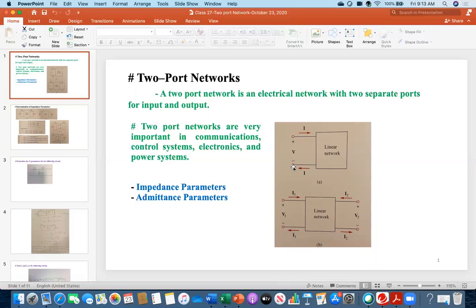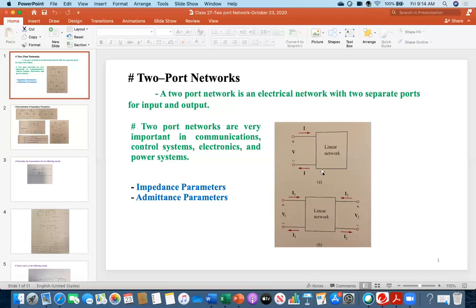This is one, this is the other, which is called one port. The definition of port here means there will be two terminals. For example, in this case, this is the plus terminal, this is the minus terminal. Current is entering, but here current is leaving. That is, in most cases, the series circuit and parallel circuit that you have noticed, except the magnetically coupled circuit that was just covered up to the previous class.